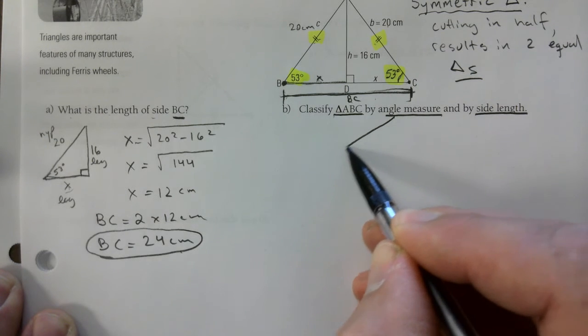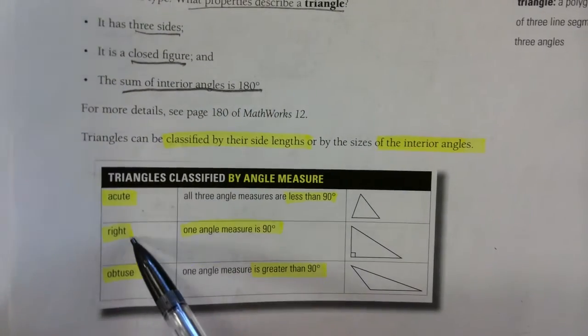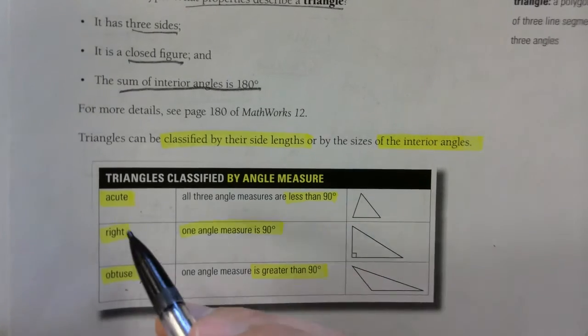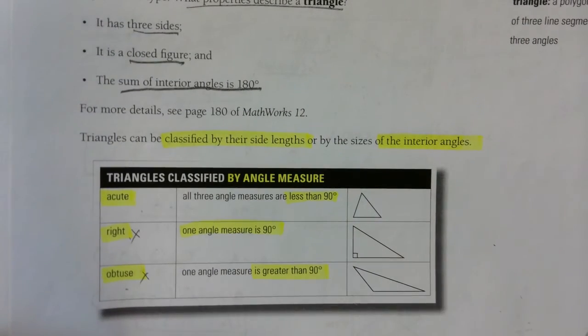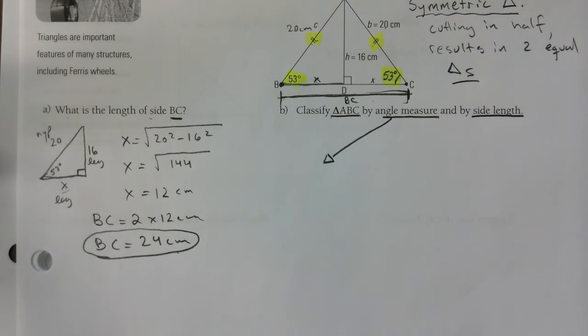And by angle measure, we have 3 options. So I'm going to show them to you. We have acute, right, or obtuse. It's definitely not obtuse. It's definitely not a right triangle. So this will be an acute scenario.